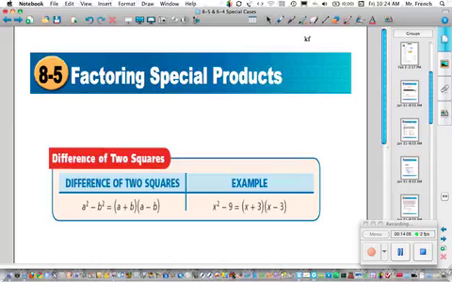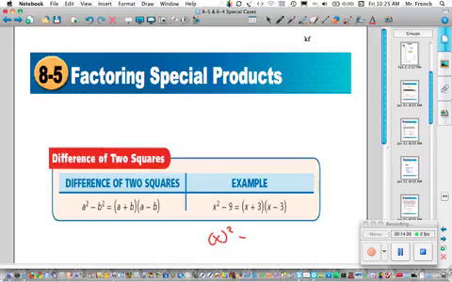Okay, going on here, here's my formula: a squared minus b squared is equal to a plus b times a minus b. Here's what we're going to do. Look here, and what was my a value on this problem? It was actually x. It looks like this: x squared minus 3 squared.